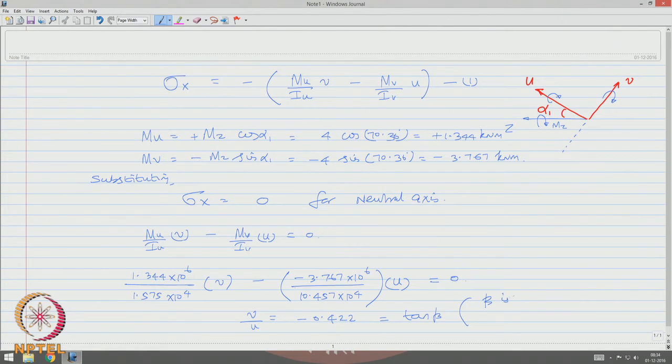So, beta is the inclination between the UU axis and the neutral axis, which says that beta is actually equal to minus 22.88 degrees.